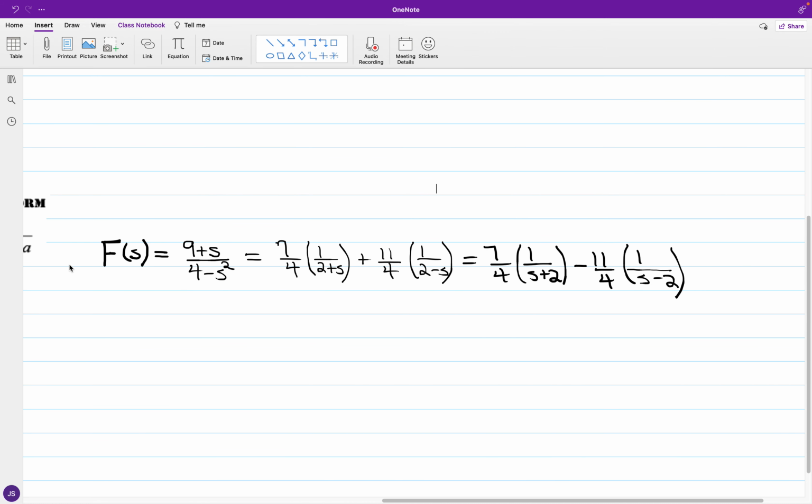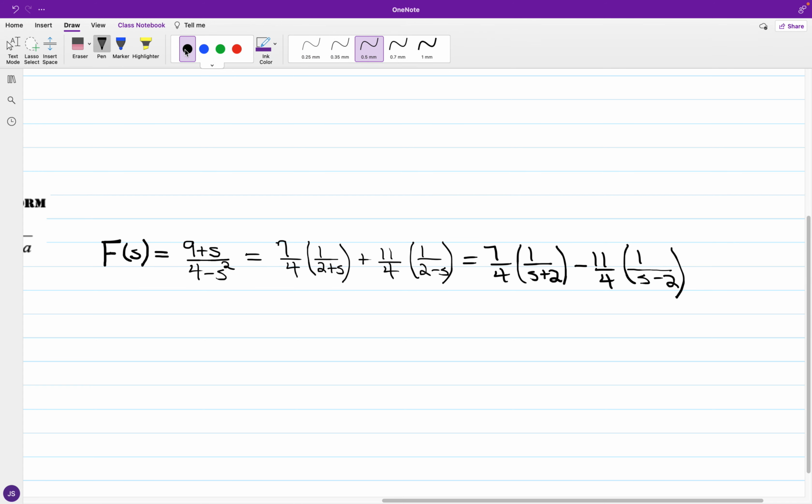Now, if I rearrange the variable s out at the front, 2 plus s, s plus 2, the same thing. So we have 7/4 of the reciprocal of s plus 2. And for the reciprocal of 2 minus s, that is going to be the opposite sign of s minus 2. So I'm changing over from positive 11/4 to negative.